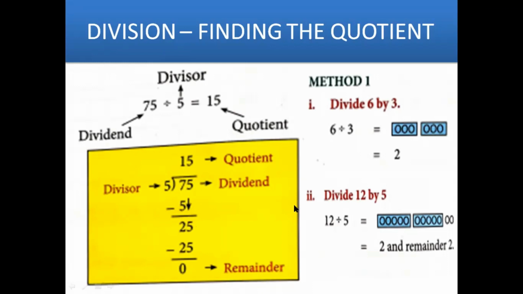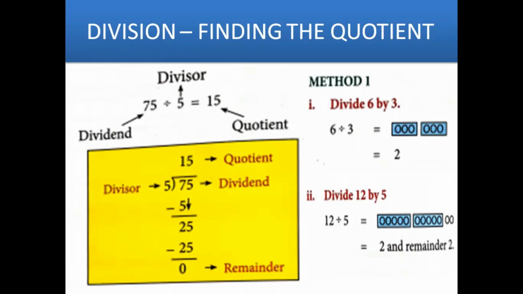Next, method 1. Divide 6 by 3. See here, 3 balls in one box and another 3 balls in the second box. 3 plus 3, how much? 6. Now 3 1 ja 3, 3 2 ja 6.